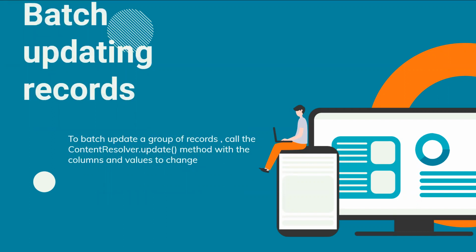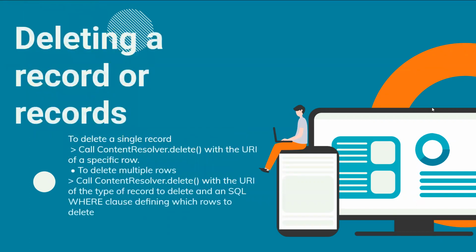Next is batch updating records. To batch update a group of records, call the content resolver update method with the columns and values to change and the batch records being updated. Deleting a record or records.